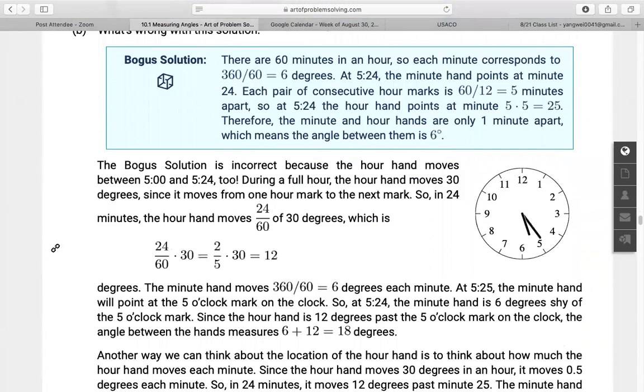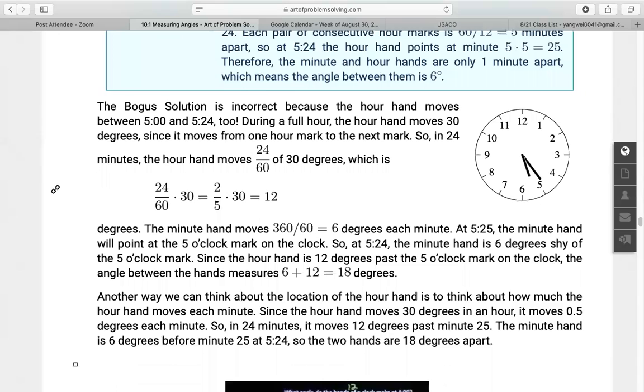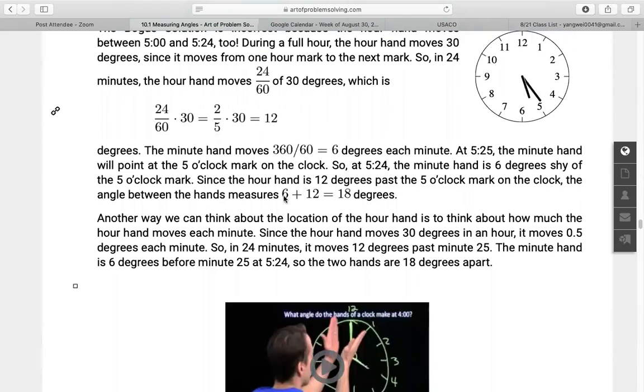Now let's see B. Yeah, you need to do this ratio, 24 over 60, then times 30. This way you convert to the angle for the hour hand. Then this equals 2 over 5 times 30, you get 12. That's 12 degrees, then plus 6. The correct answer is 18 degrees.